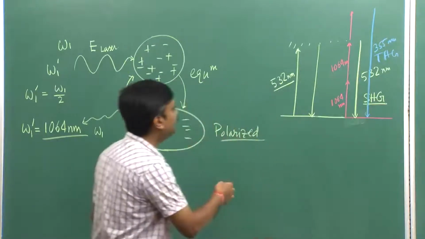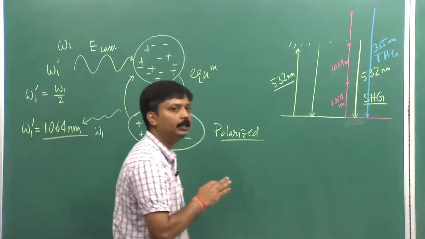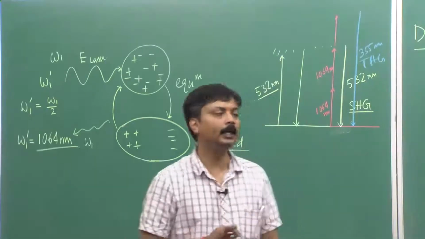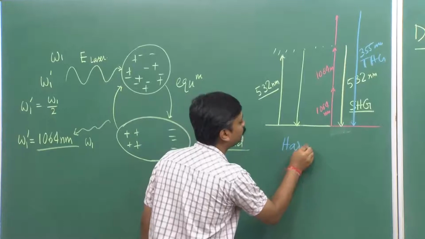Okay. So, this is the pictorial representation of second harmonic generation or third harmonic generation or fourth harmonic generation and so on. So, in general this is the picture for the harmonic generation process.